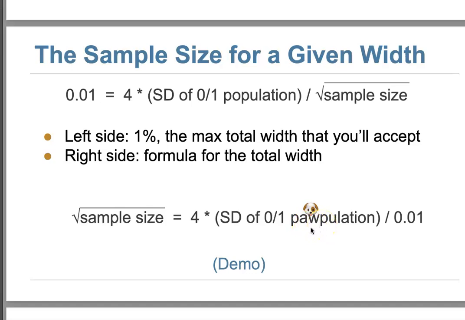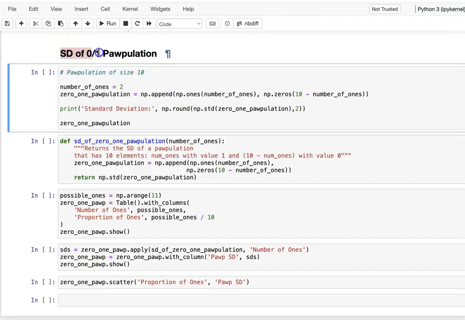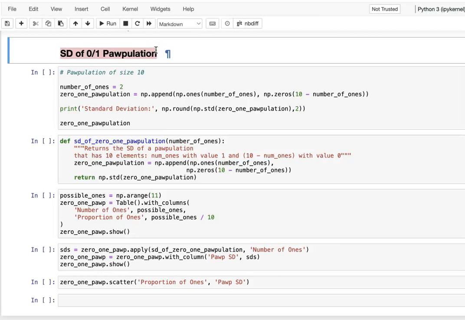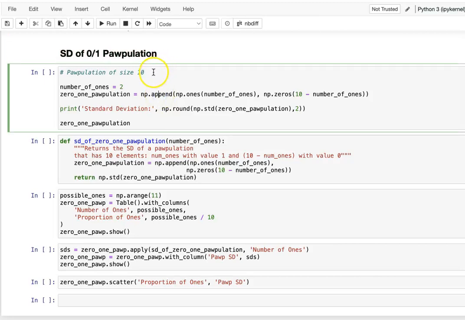Let's see this one in our demo. In this demo, we want to show you the standard deviation for any 0,1 population. Assume we have a population of size 10. Remember we only have 1s and 0s, right? In this population of 10, we only have two 1s, which means the rest will be 0.